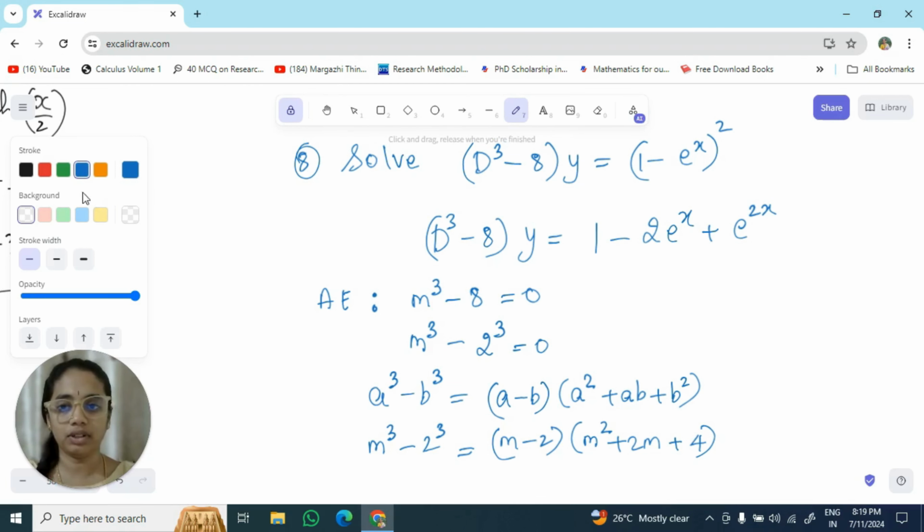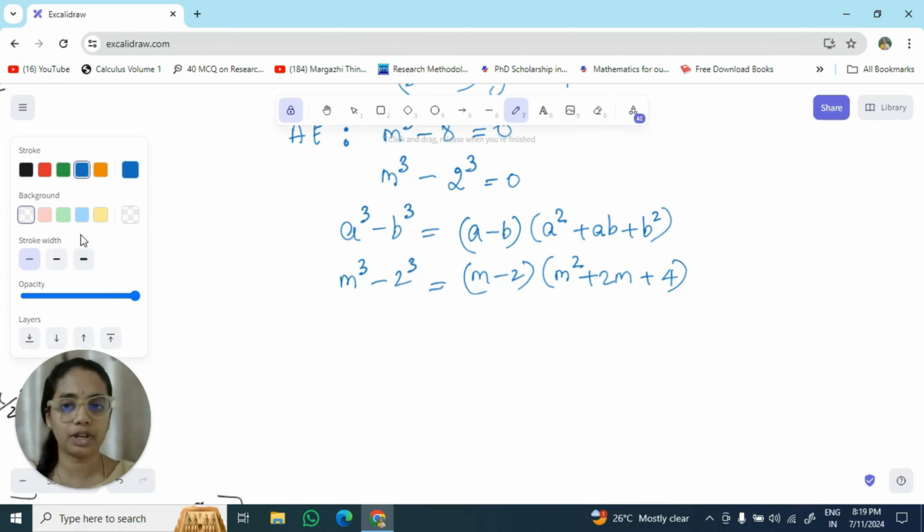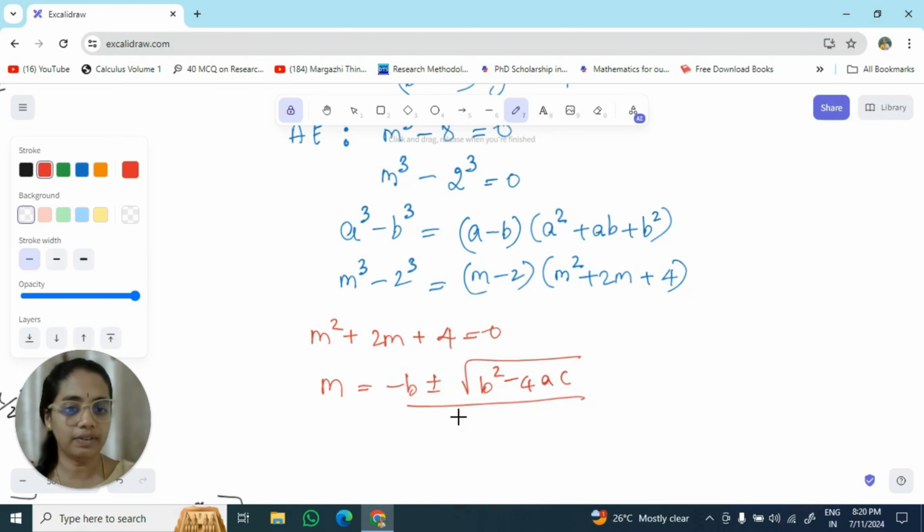Agree. Now again to find the roots, m minus 2 is simple. To find the roots of m square plus 2m plus 4, if I equate this to 0, let us use the formula, right? Minus b plus or minus square root of b square minus 4ac divided by 2a.